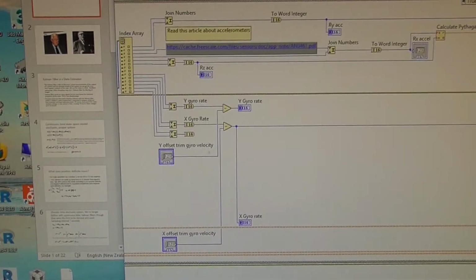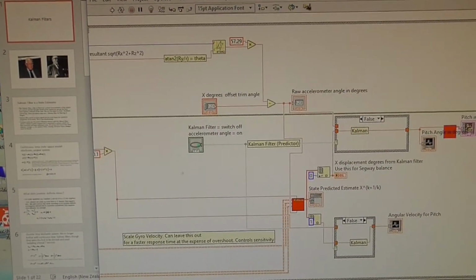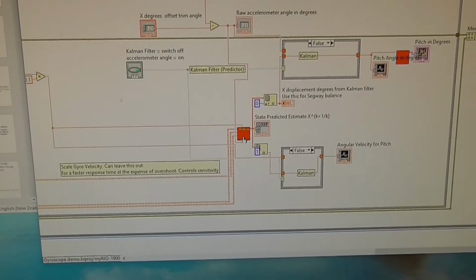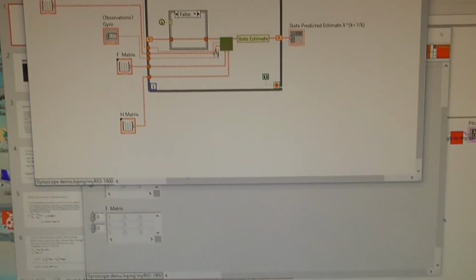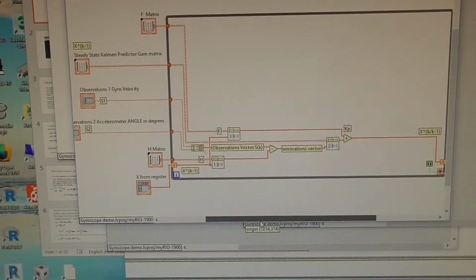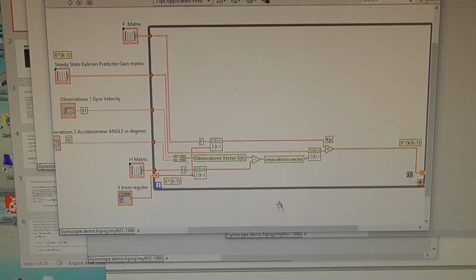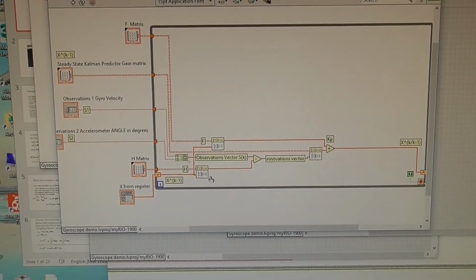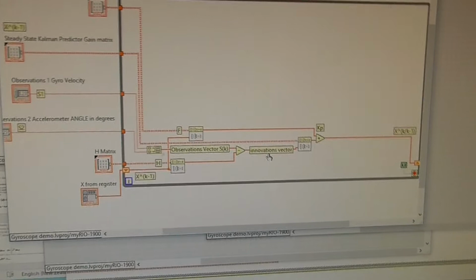I've trimmed them a bit to try and get rid of offsets, and the Kalman filter itself is there, which is very simple because it's a loop within a loop. There it is, that's all it is. That's x hat k plus 1 equals F x hat k plus K times the error. There's the error. The error is called the innovations. In this case it's an innovations vector.